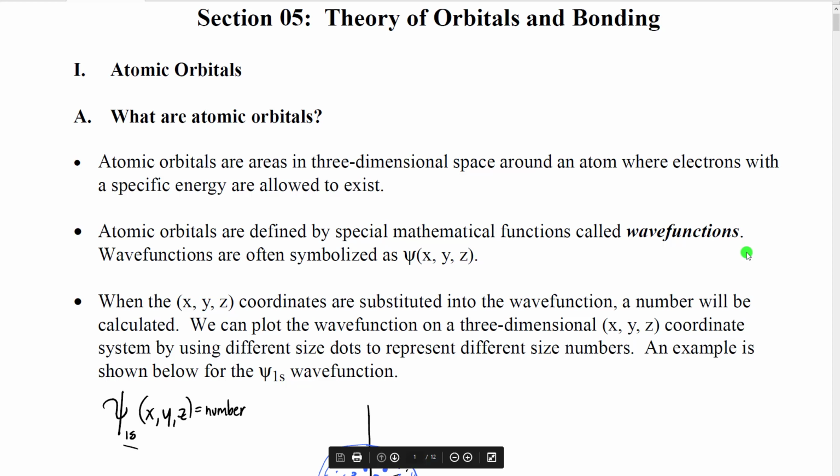And actually the numbers really don't ever go exactly to 0 in the 1s. But instead, they just get so small far away from the nucleus that we impose a cutoff, and we say that because the number is so small, the electron is very unlikely to be out there.